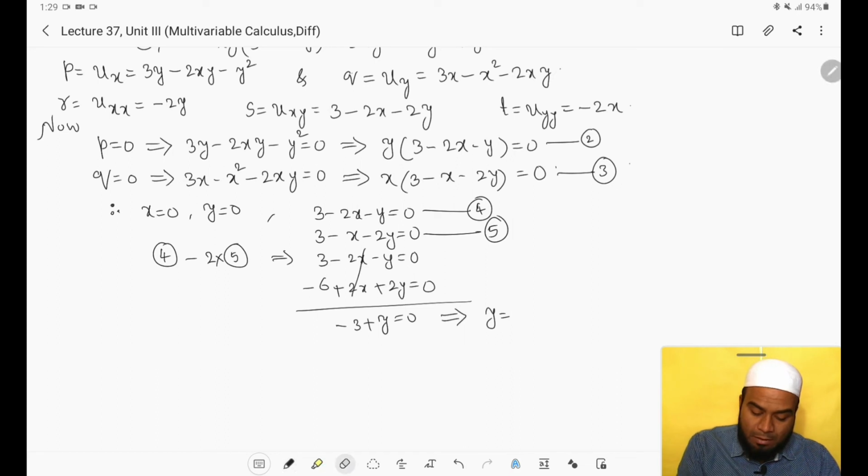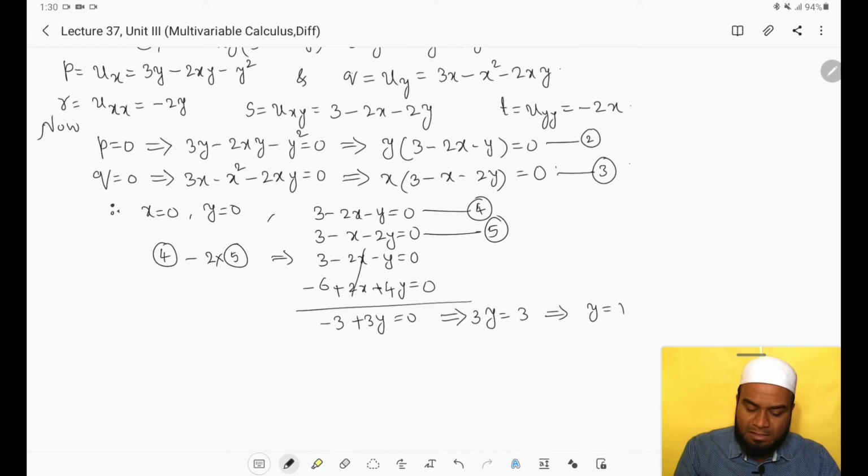So what will happen? Here minus 3 and here plus 4y minus y will give us plus 3y. So 3y equals to 3 we will get, then ultimately y will be 1. We got y equals to 1.